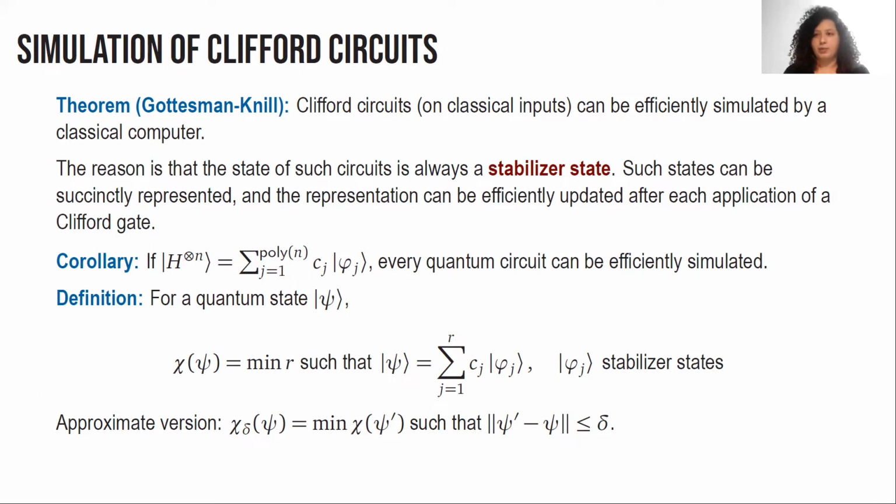We denote it by chi delta of psi. We look at all the states that are contained in the L2 norm ball of radius delta around psi, and ask what is the minimal stabilizer rank of any state in the ball. And this is the approximate stabilizer rank of psi.